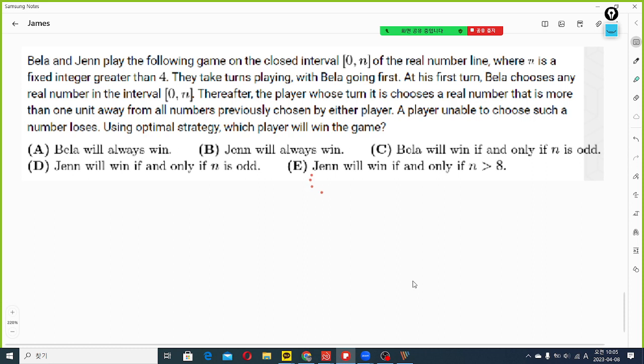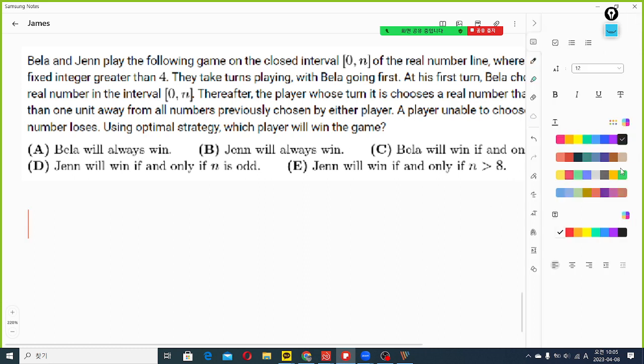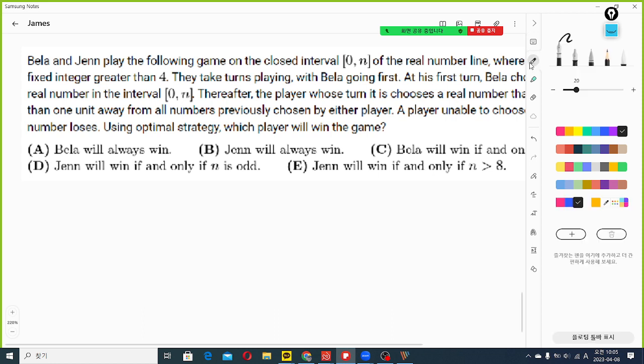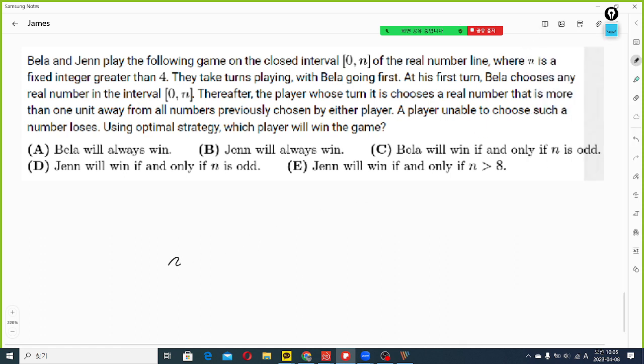So once again, we can make the simulation to see what happens in this game. So let's say the interval is 10, so n is 10 for example. So 10 is here.